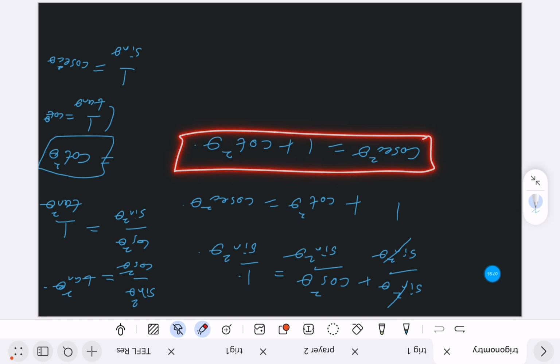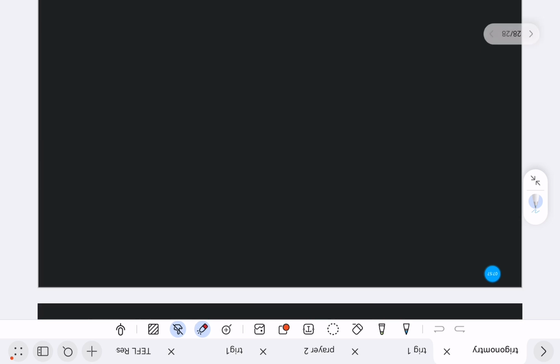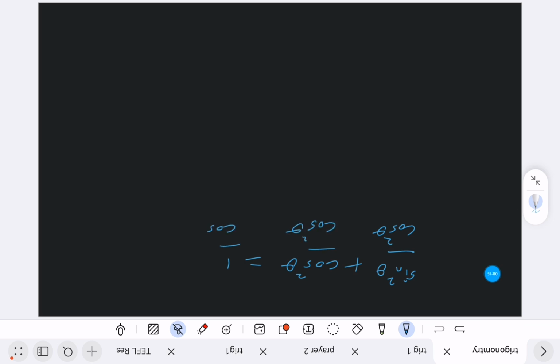Take note of this. Okay, what's the other identity? Remember, still from our equation, sin squared theta plus cos squared theta is equal to 1. This time let's divide all sides by cos squared theta. Okay, and so here we have 1, so plus 1, so 1 out of cos theta is sec theta, right?